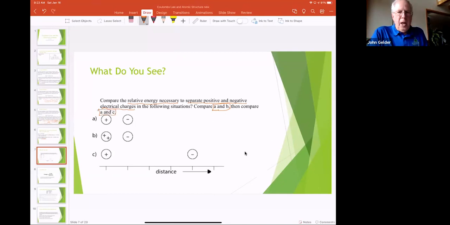So Lou might be able to put up a little poll asking about, when we compare A and B, does A require more energy, or does B require more energy to separate those electrical charges?